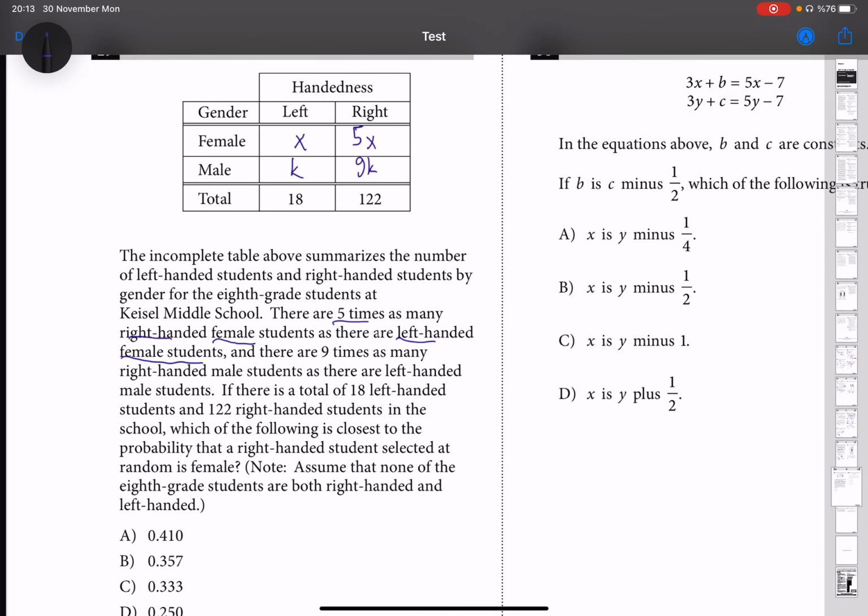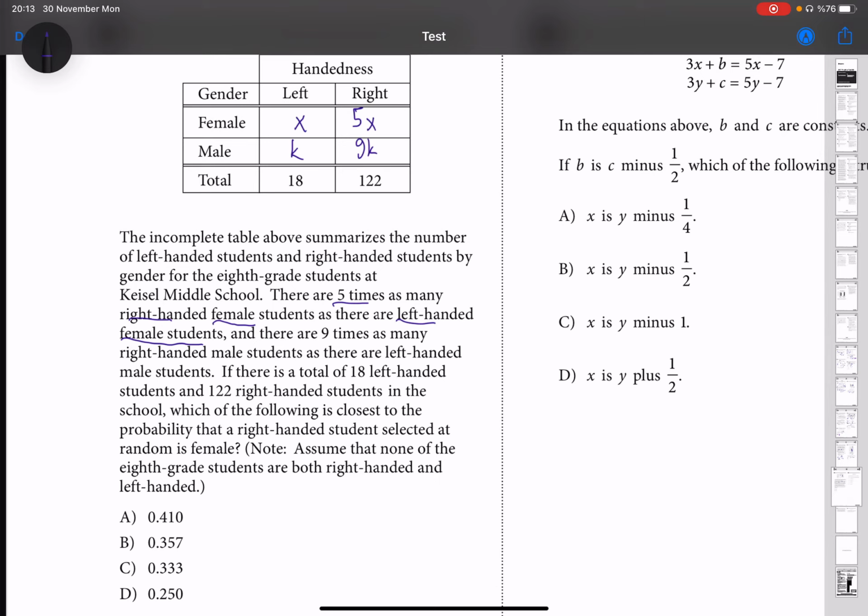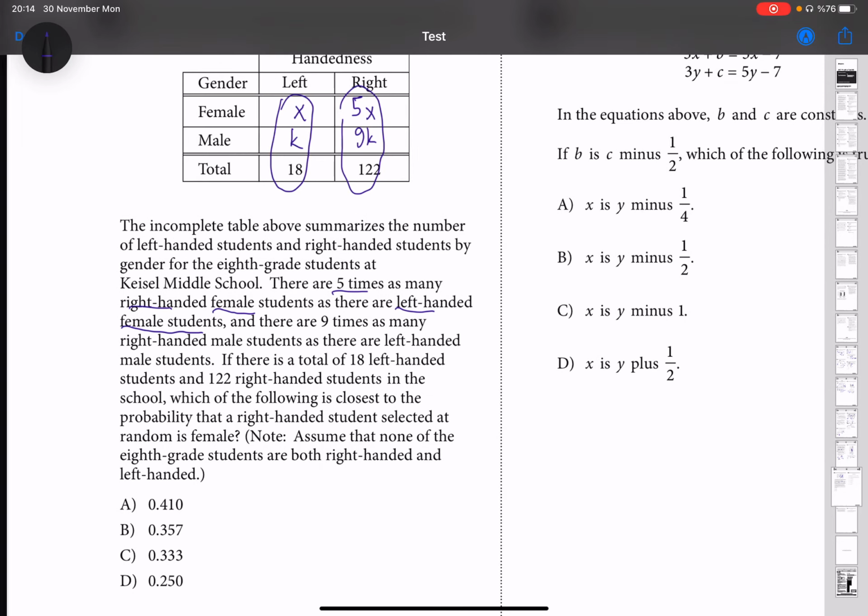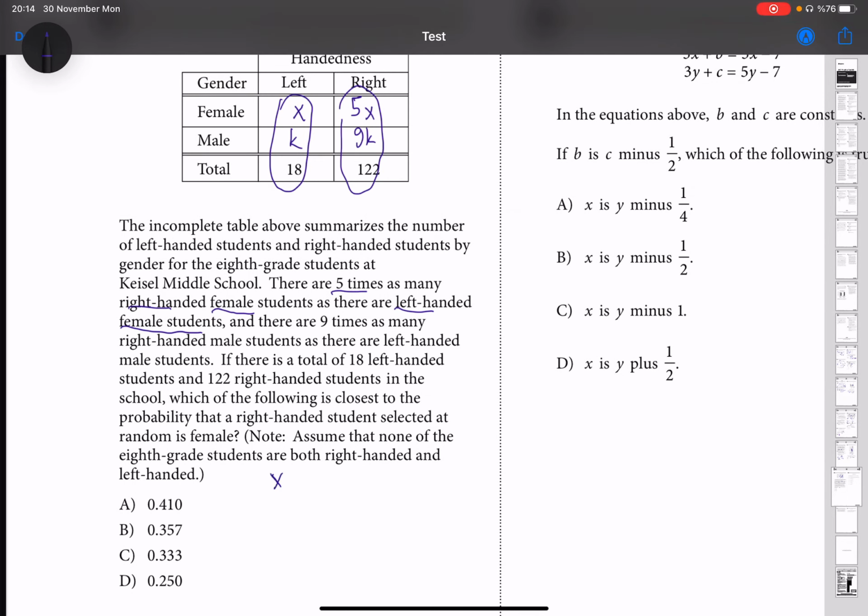Okay, let's solve the equations because x plus k should be equal to 18 and this should be equal to 122. x plus k is 18.